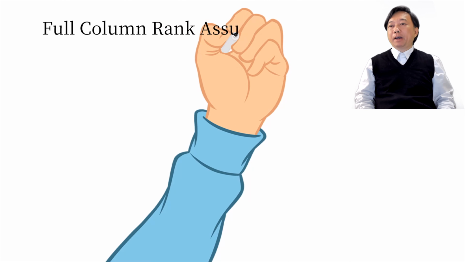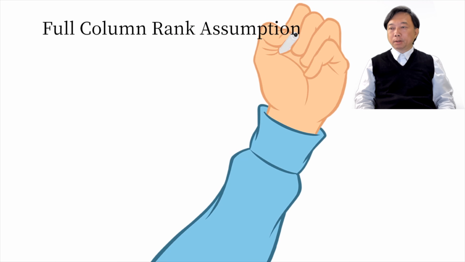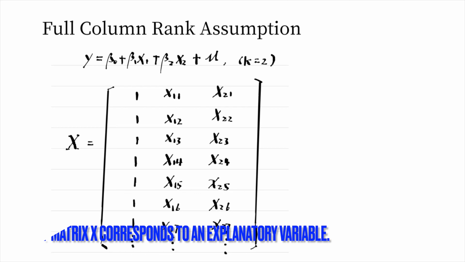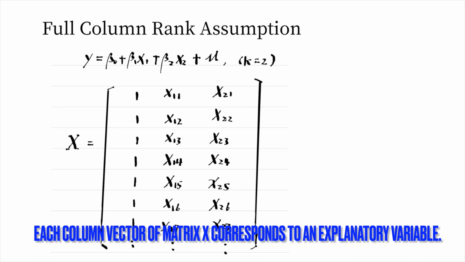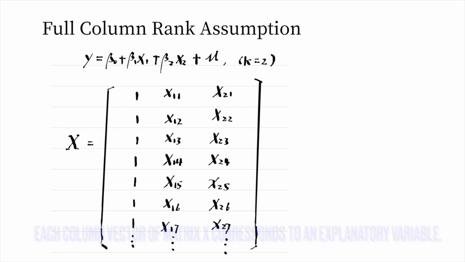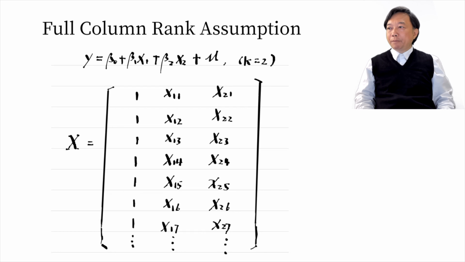The No Perfect Collinearity assumption is also referred to as the full column rank assumption. We can write the explanatory variables and the constant intercept in the matrix form X. The matrix X will have the full column rank of k plus 1 if there's no perfect collinearity among the k explanatory variables and the intercept.